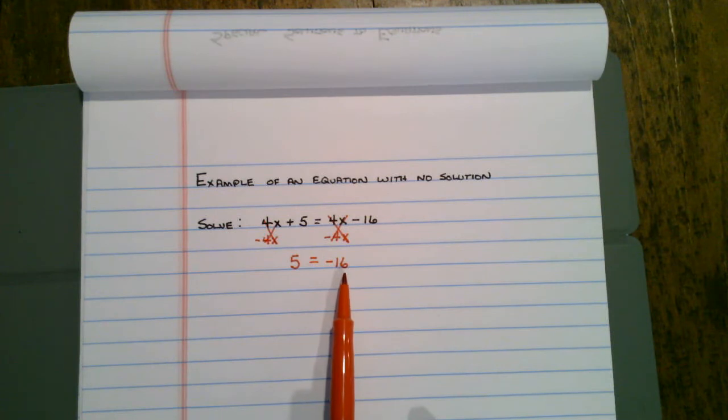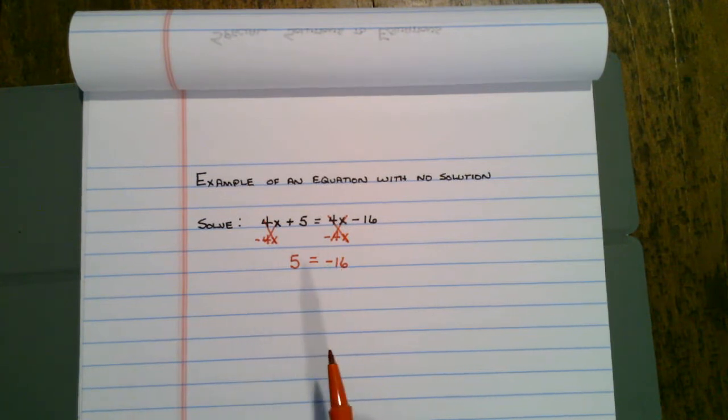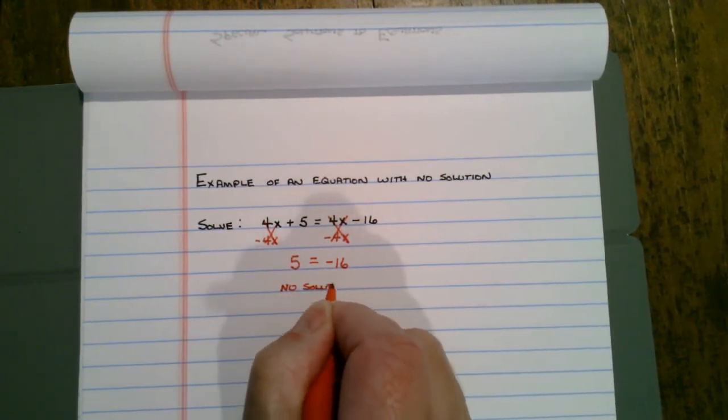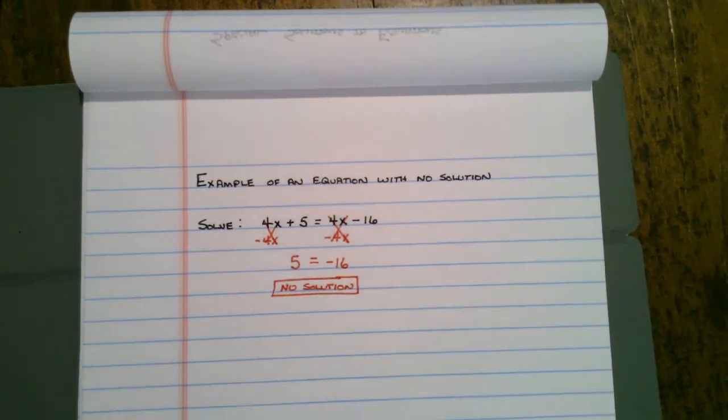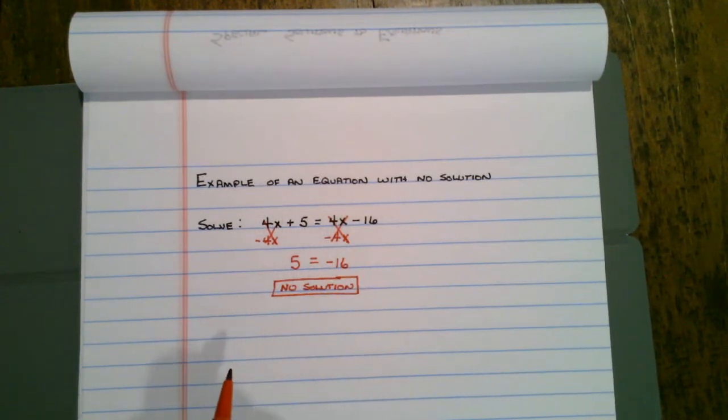If this statement is false, then you write down no solution. So let's read it. 5 is equal to negative 16. Is 5 equal to negative 16? No. So the answer I write down is no solution. There is no solution to this equation I started off with. No number can make this equation true.